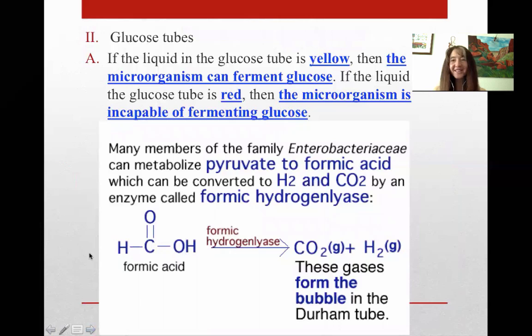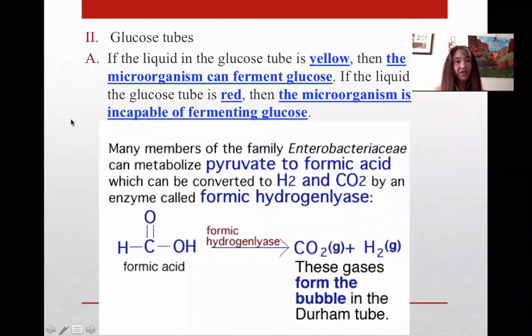So we can turn our attention from MacConkey agar, which looks at lactose fermentation with our gram-negatives, to glucose tubes that look at glucose fermentation, of course. And we know that the glucose tubes also have a pH indicator in them, but in this case, it turns from a reddy color to a yellow color. I'm going to jot down what it is so that you can have in mind this particular unique pH indicator.